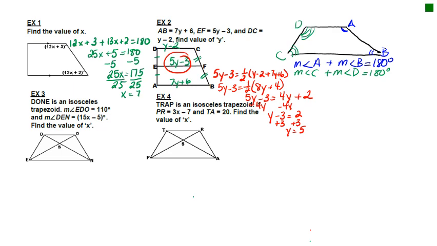All right, examples 3 and 4 are isosceles. So DEON is an isosceles trapezoid. The measure of angle EDO is 110. The measure of angle DEN is 15x minus 5.